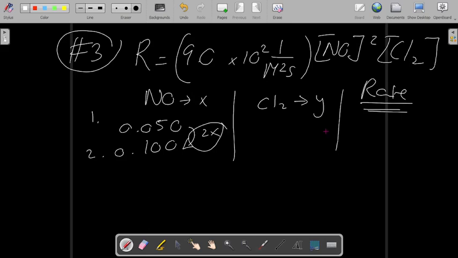How did it change? Well, 0.113 to 0.452, it quadrupled. So it became a 4. What exponent allows us to do that? A 2. 2 to the 2 will become this quadruple 4. So that's why we have an x that equals 2 right here. So that one is done.